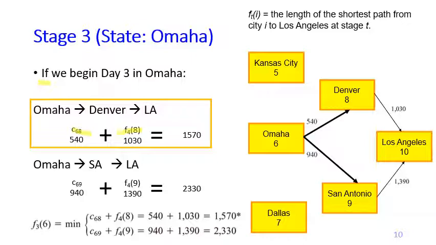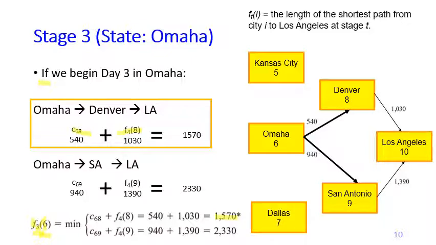Again, F36 is the shortest distance from city 6 up to Los Angeles if we begin day 3 in city 6. So the shortest distance is 1,570 to Los Angeles if we begin day 3 in city number 6, Omaha.